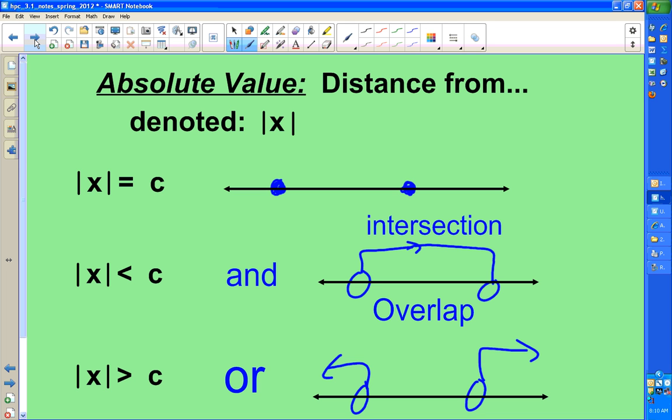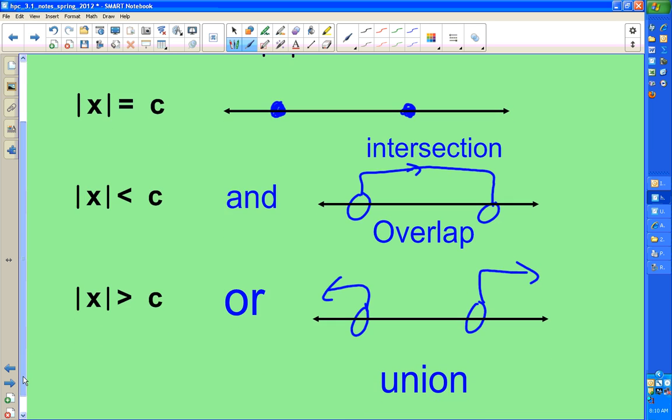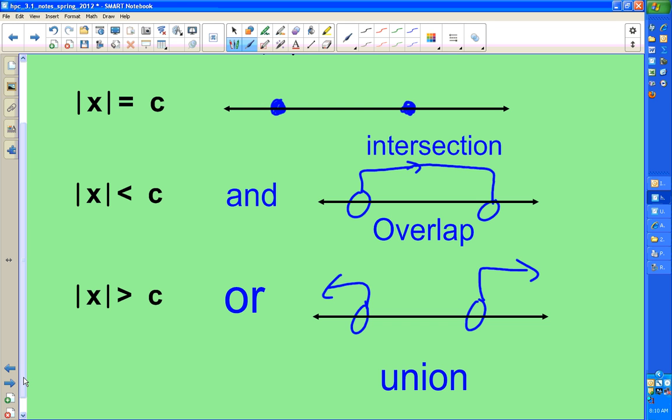If it's less than or equal to, you're going to get an overlap or an intersection, which is an and situation. And if you have absolute is greater than a constant, you get an or situation where you get two things and you have a union, and you have to use the union to demonstrate what your solution is.